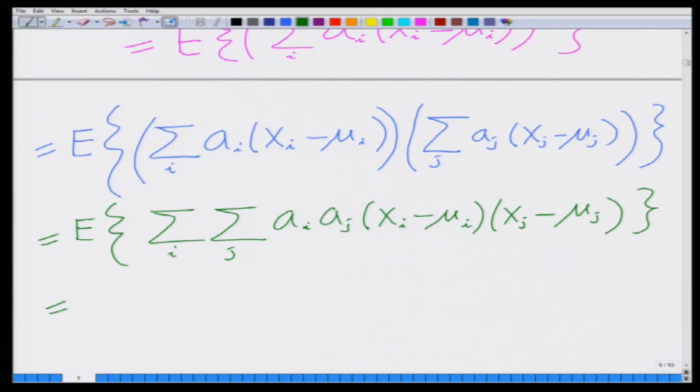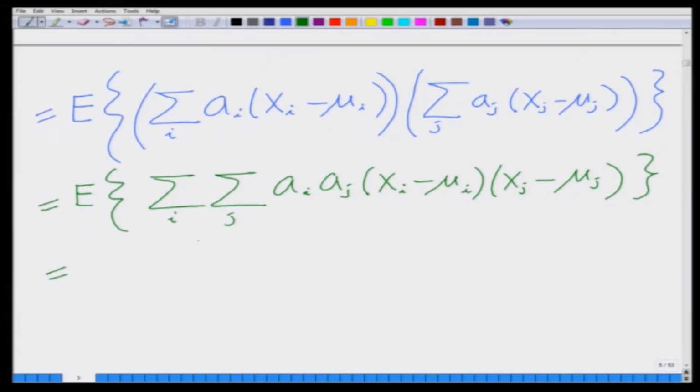One is all such terms when i is equal to j. When i is equal to j we have a_i square (x_i minus mu_i) whole square, and when we take the expected value of those terms we get the expected value of (x_i minus mu_i) whole square, which is sigma_i square.